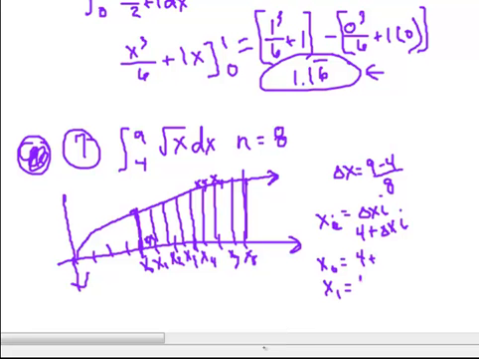We would have 4 plus delta x, which is 5/8 times 1, just leave it at that. X sub 2 would be 4 plus delta x times 2, so it would be 10/8, which would be 5/4, and you could simplify these out, but I wanted to get you started in how you determine your x sub i's.